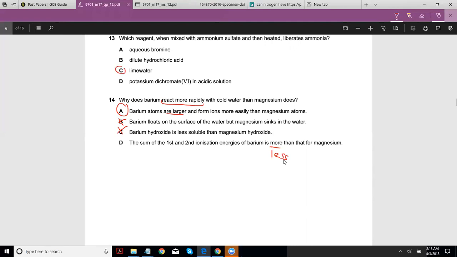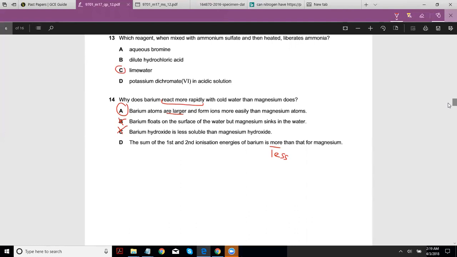So barium's first and second ionization energies added should be less than magnesium's. If that was the case, you could link it to how it's easier to lose those two electrons, which is why ionization energy is lower, and hence it's more reactive. In the case of metals, the lower the ionization energy, the more reactive it is, and it's the opposite for non-metals. For non-metals, the higher the first ionization energy, the better the non-metal, that is, the easier it is for it to accept an electron.